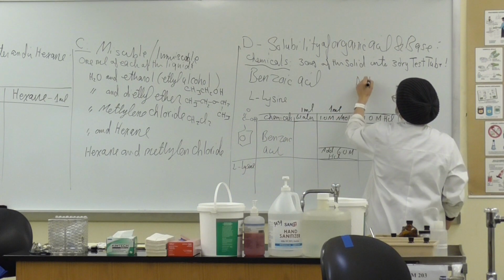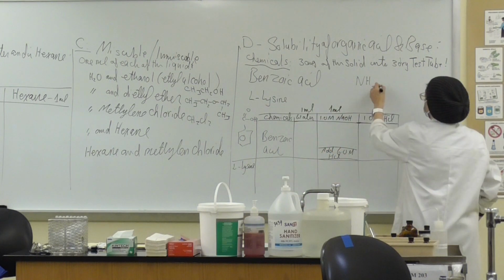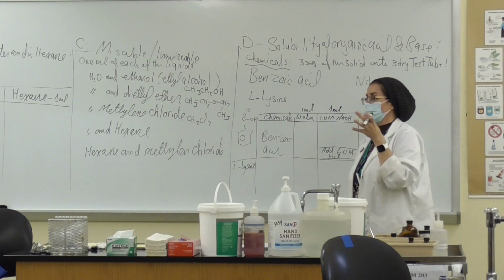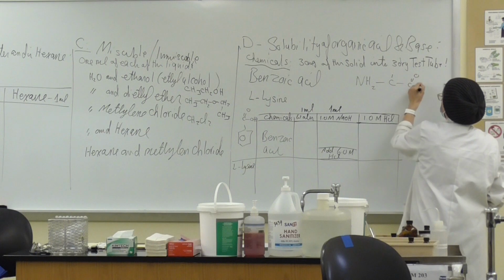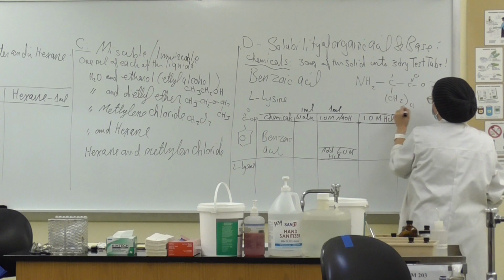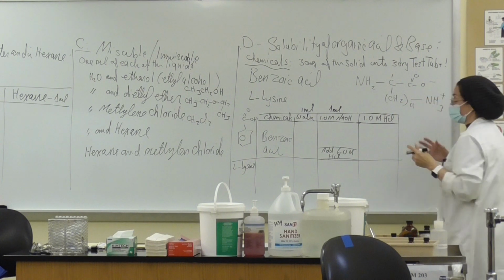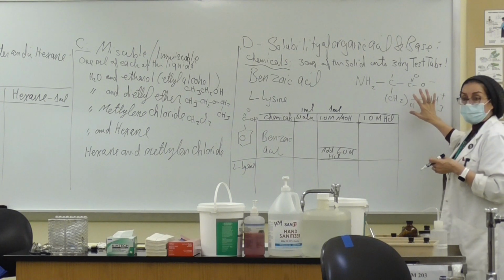I have NH2, and then I have the C, and then we have a carbonyl on one side. And then on this side, I have CH2 times 4, and then we have NH3 plus. It is like a salt, sorry. And it is a powder, by the way.